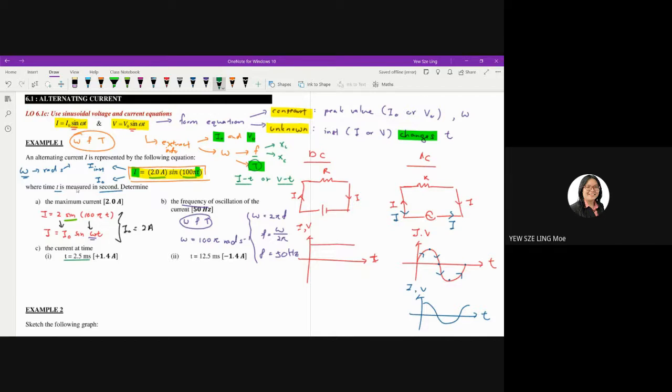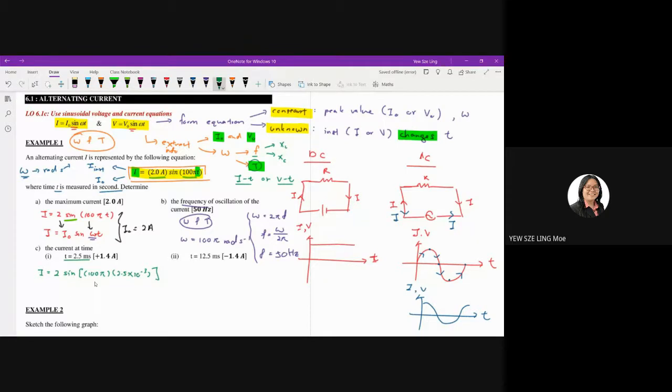So you plug this value into the equation, then you will get the value of I at that particular moment. So I is now equal to 2 sine 100 pi times the given time, 2.5 millisecond, 2.5 times 10 to the power of negative 3.